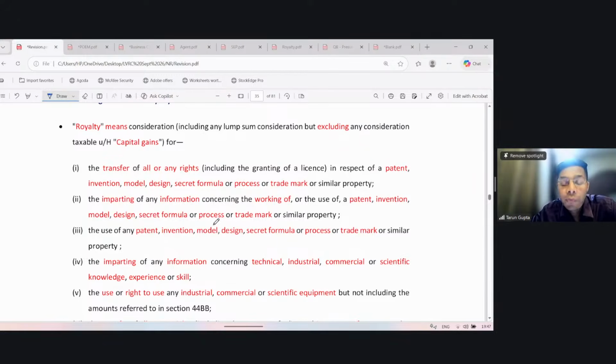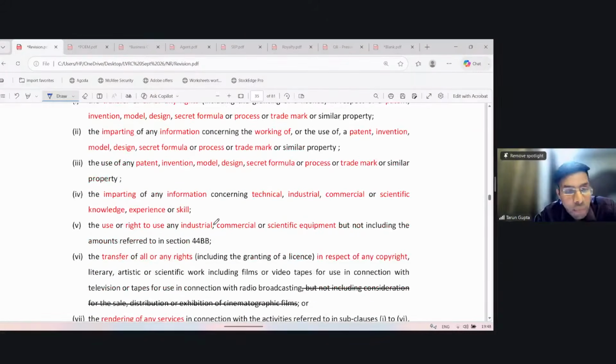The imparting of any information concerning the working of, or use of, patent, invention, design, model, secret formula, process, trademark, or similar property. Or consideration for use of any patent, model, design, secret formula, process, trademark, or similar property. Or imparting of any information concerning technical, industrial, commercial, or scientific knowledge, experience, or skill.